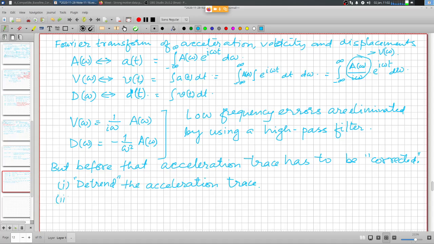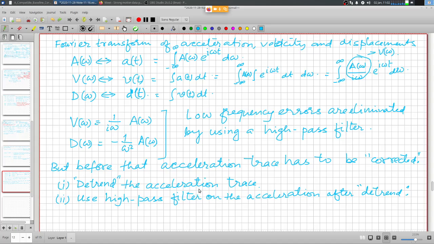And second, use a high pass filter on the acceleration data after detrend.